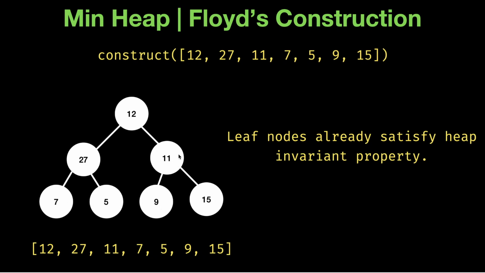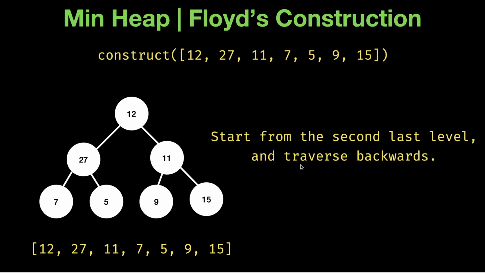So we will begin from the second last level, that is the level of 11, and we will traverse backwards. So we start from 11 and then traverse backwards. 11 does not satisfy the heap invariant property, because 11 should be less than 9 and less than 15.